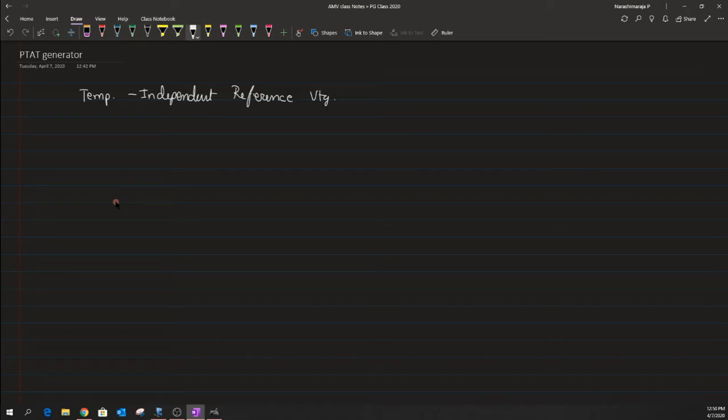We were more specific about generating this voltage, and we began with the discussion about this reference circuit, and we said that this reference circuit is a circuit that generates a constant quantity, say for example a voltage, irrespective of any changes in temperature or changes in process parameters. So irrespective of any of these variations, they tend to have the same voltage.